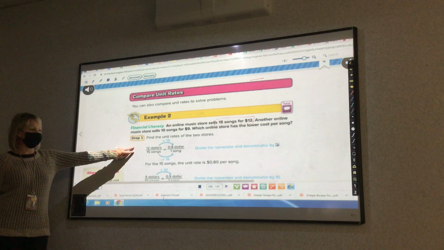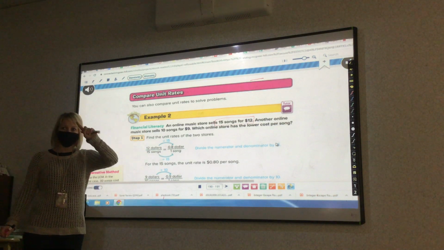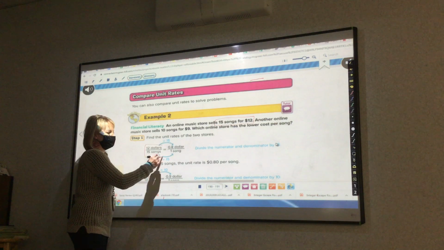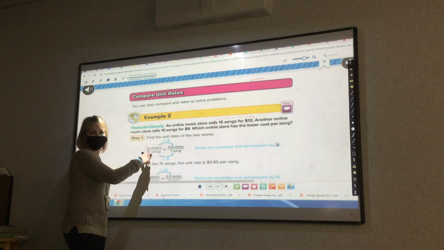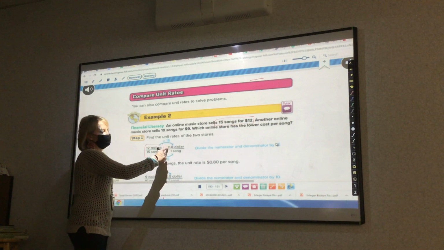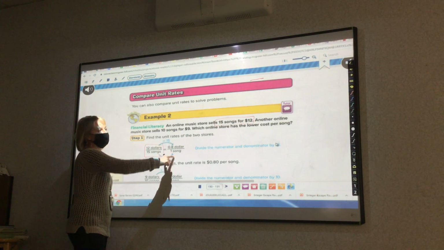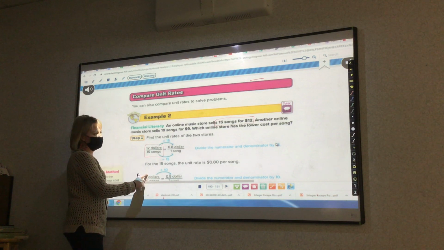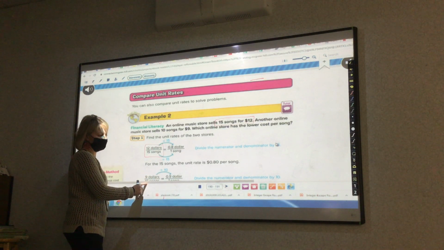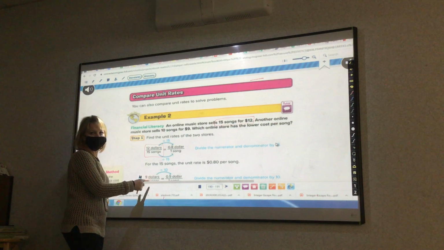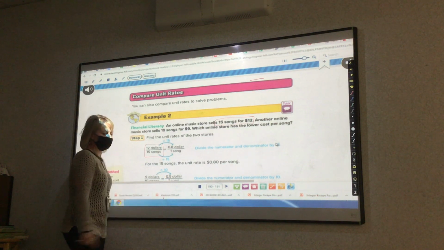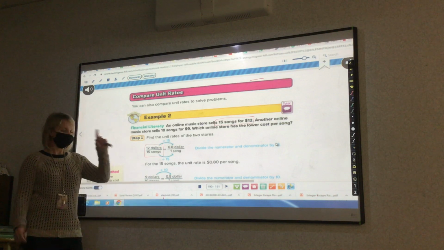What you're doing is you're finding the unit price. So I take $12 per 15 songs, and I'm just going to do 12 divided by 15. So it'd be $0.8 per song for the first one. Then for the second one, $9 per 10 songs, I'm sorry, taking 9 divided by 10, and I get $0.9 per song.